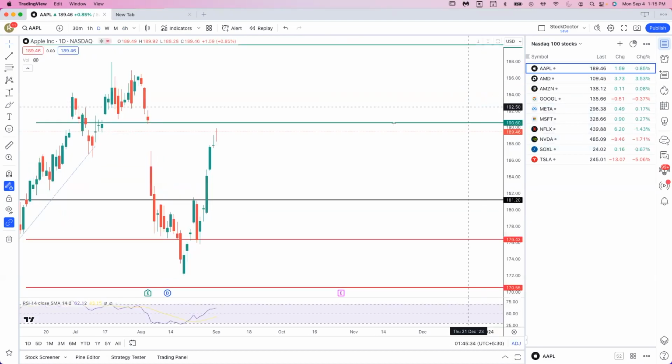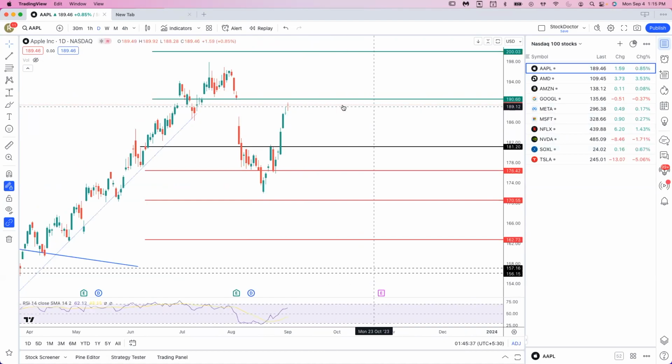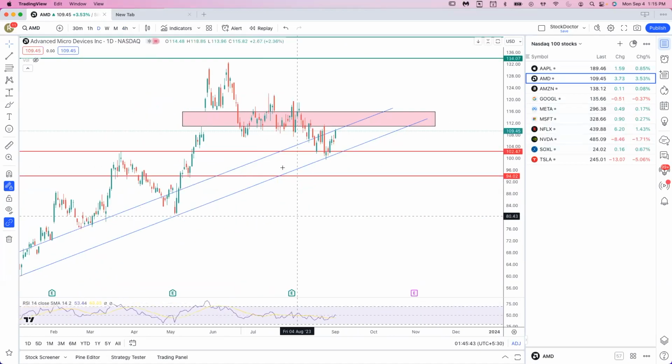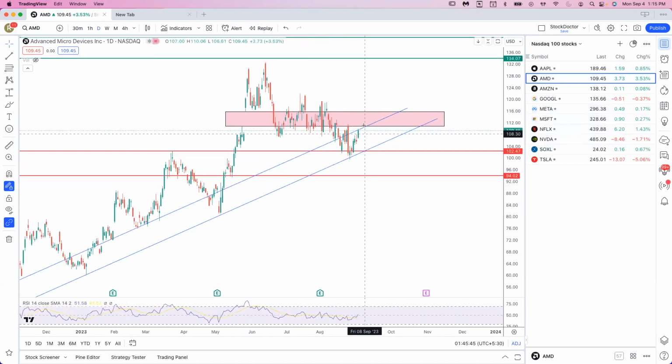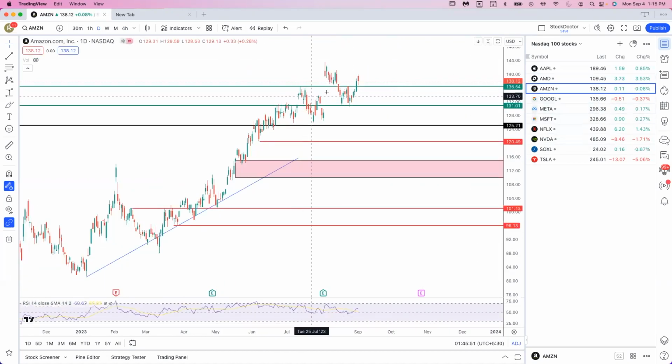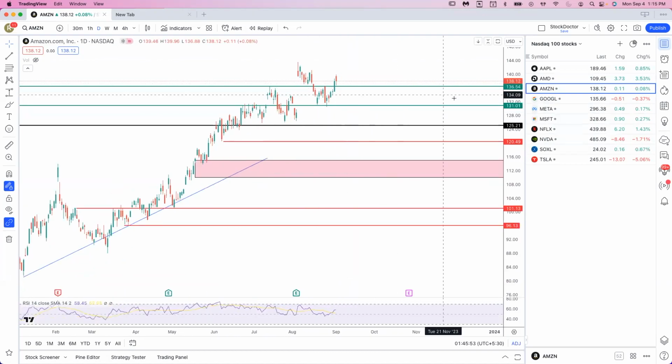So if we see Apple right now, Apple has the crucial resistance of 190. It is exactly staying over there. If we talk about AMD, AMD is trying to stay near the trend line support of 110. If we talk about Amazon, Amazon is currently below 140.